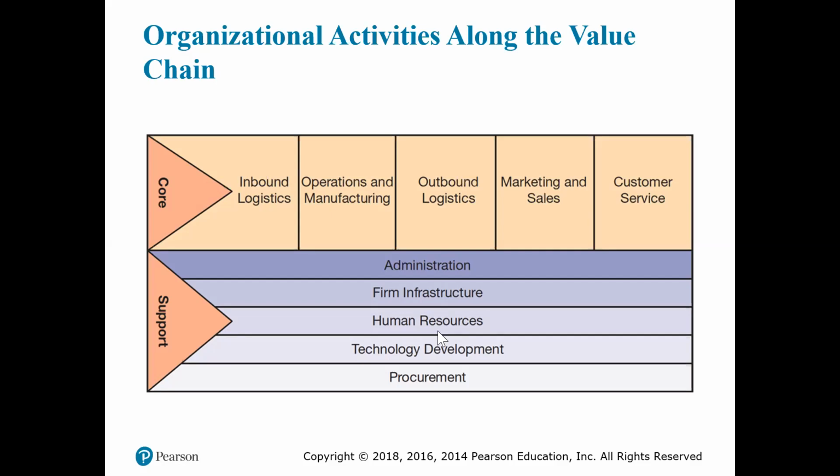There are 5 primary core activity in the value chain model: inbound logistics, operating and manufacturing, outbound logistics, marketing and sales, and customer service. All these 5 primary activities are directly involved in the producing, selling, maintenance, and support of actual product and service.